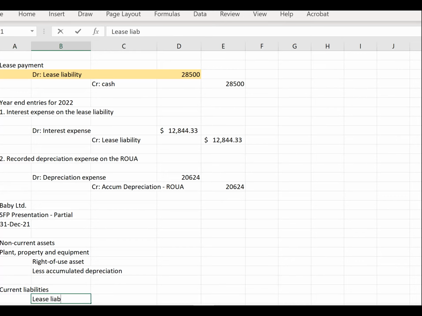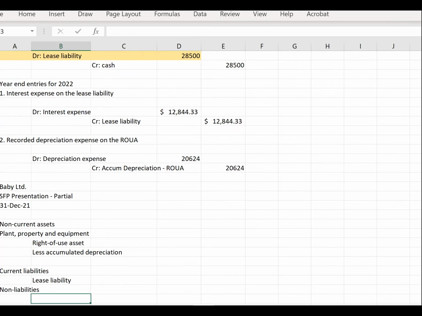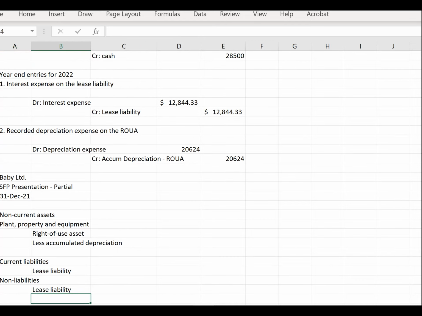We're going to have a lease liability, and under non-current liabilities, we're going to also have a lease liability. Okay, so what are we going to have here? This is actually going to have a note reference, note X. Okay, so let's just start with this. Let's put 2021 and 2022, just to keep it simple across the top.